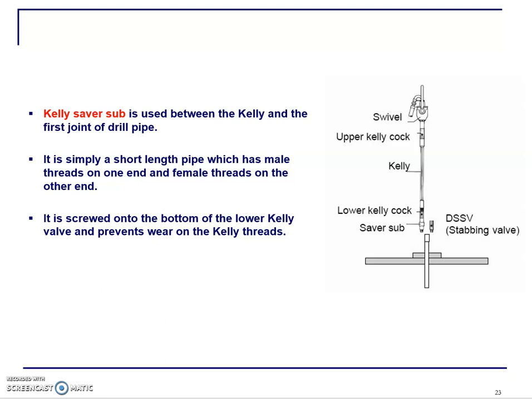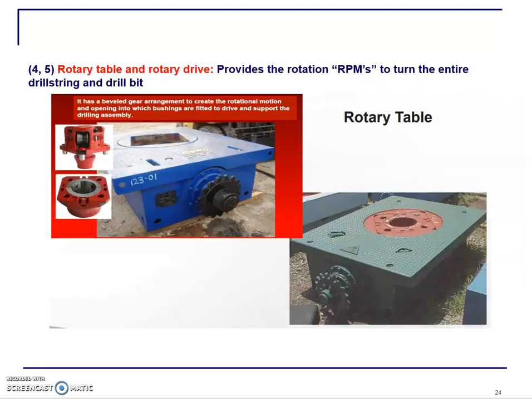If we didn't have any saver sub, then the Kelly would have been connected directly into the drill pipe, and since we open these connections and close these connections, tighten these connections a lot, then it may wear the threads on the Kelly. So we don't want to change the whole Kelly system, which is a 40-50 feet pipe. Instead, we use these subs, and we just change that sub, which is going to be much cheaper and simpler.